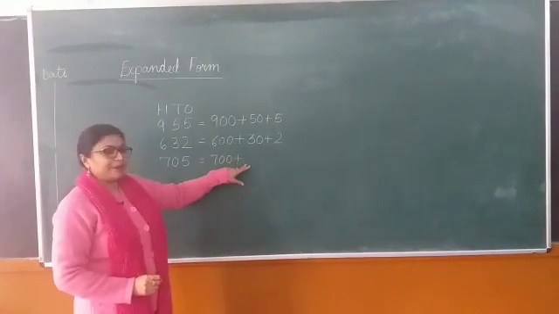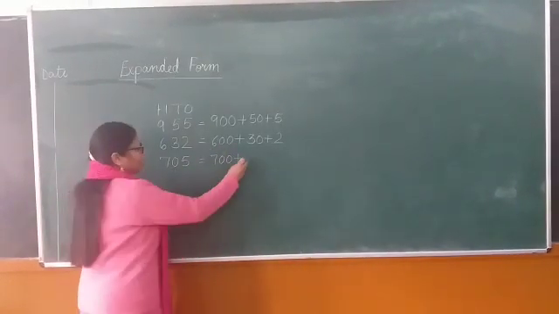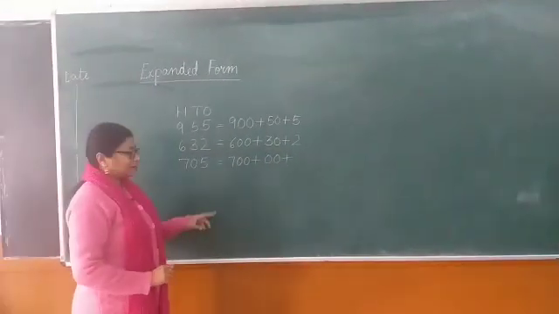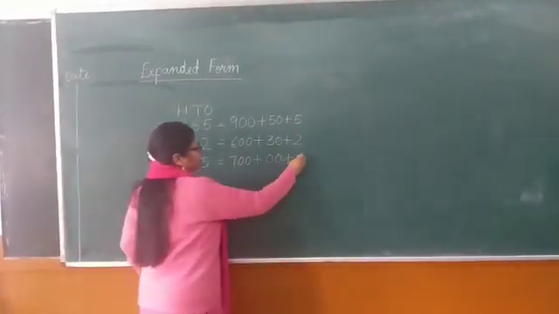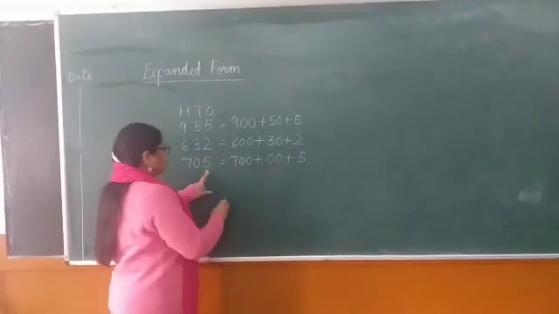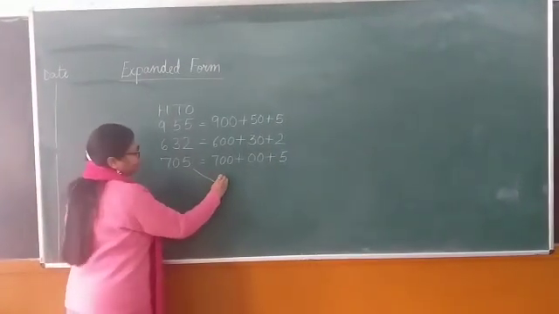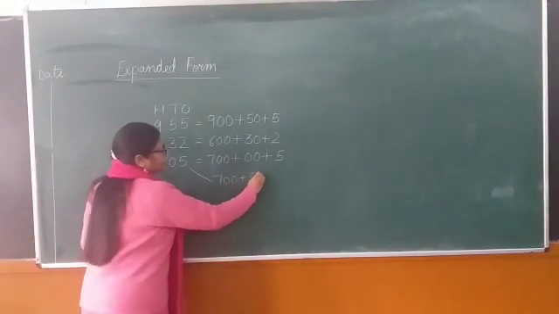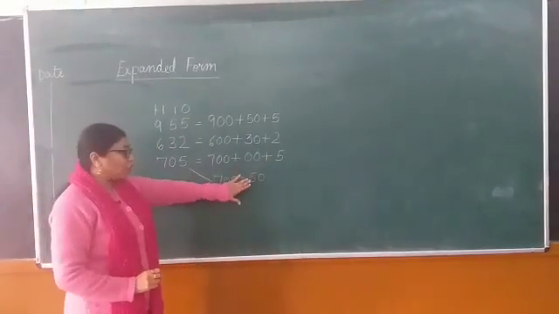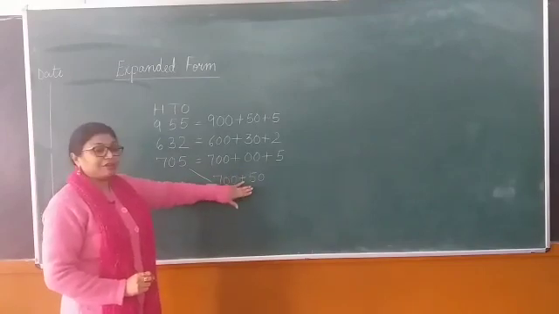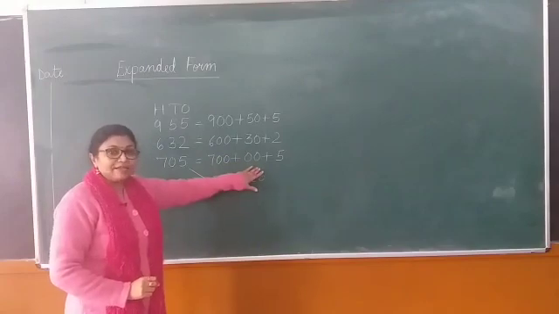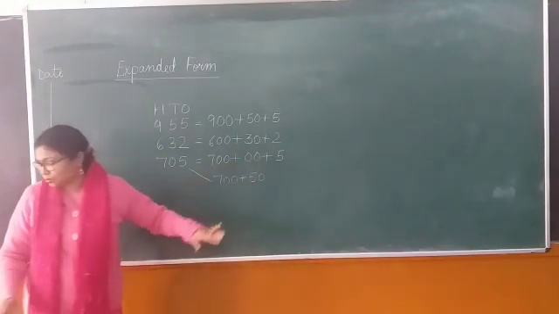So to show the place value, we do write 00, that is tens place, and 5 is in ones. We can also write this like this, 700 plus 50. You can write this, but ma'am has not taught you to do like this. This you will learn when you go to class 2 and 3. But in class 1, you have to show the place value of your 0 also.